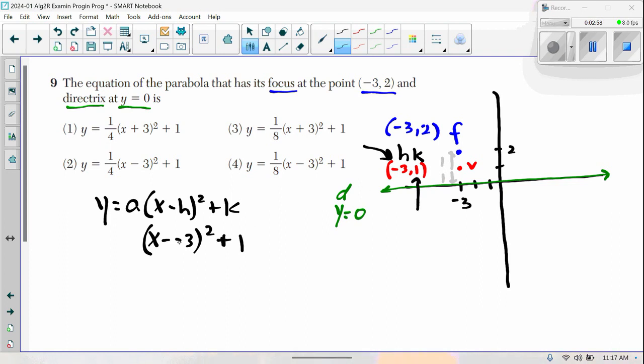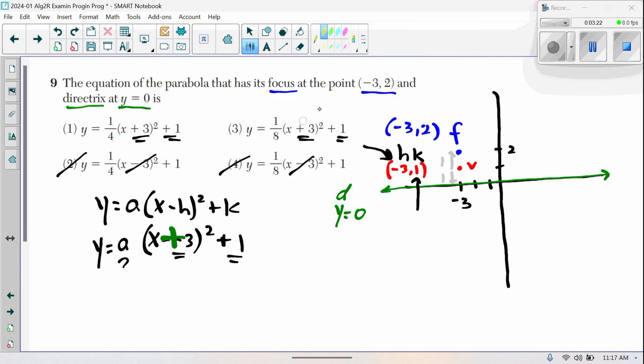So whenever I subtract a negative, it's like adding. So I don't know what my A is yet. That's the big mystery. But I should have a +3 in parentheses and +1. Choice 2 is a -3. Choice 4 is a -3. So 1 and 3 both have the +3 and +1. So the only difference right here is my A value.